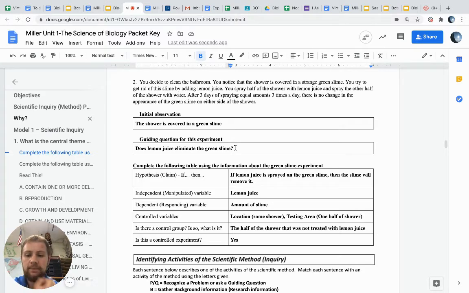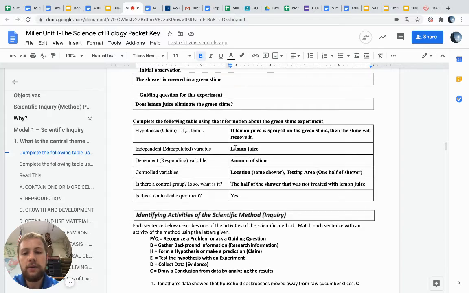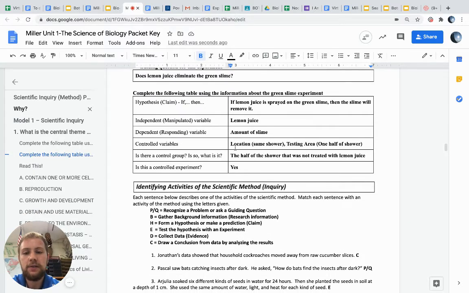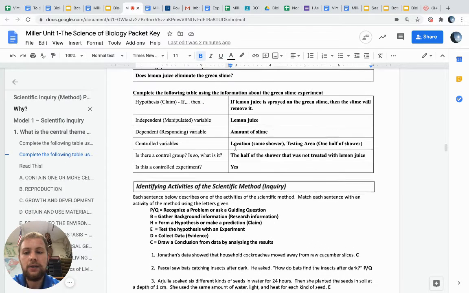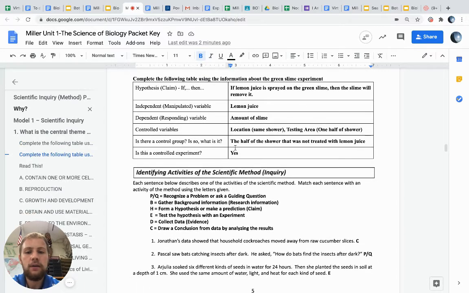Okay? So now we need to go ahead and complete our hypothesis and our variables in our table. All right, so our hypothesis perhaps might be, and you might have something different here, but it should look similar to this. If lemon juice is sprayed on the green slime, then the lemon juice will remove it.